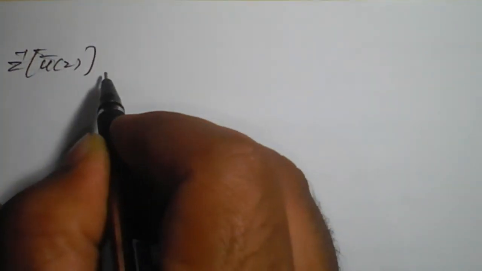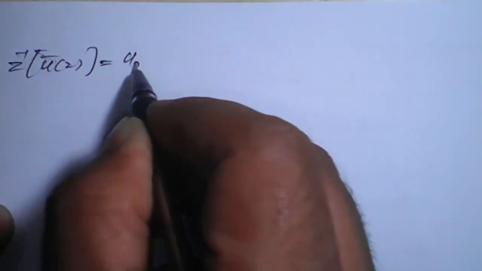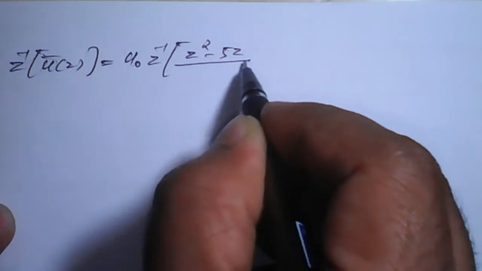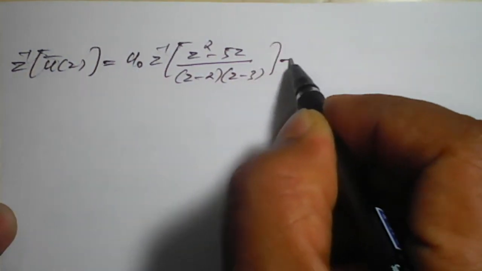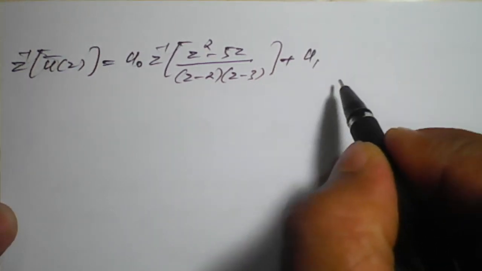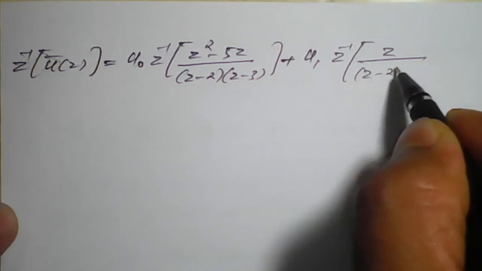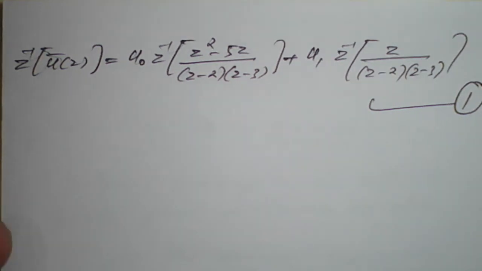So we get z inverse of u dash of z equal to, so u naught is a constant, z inverse of z square minus 5z divided by z minus 2 z minus 3, plus u1 is a constant, so z inverse of z divided by z minus 2 z minus 3, and we'll call this equation number 1.